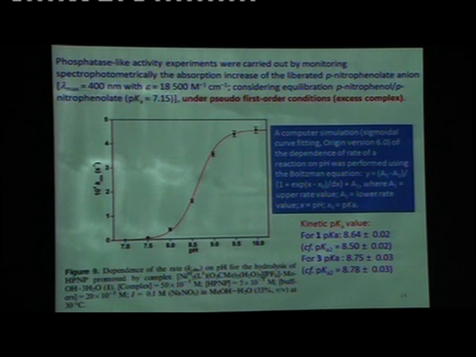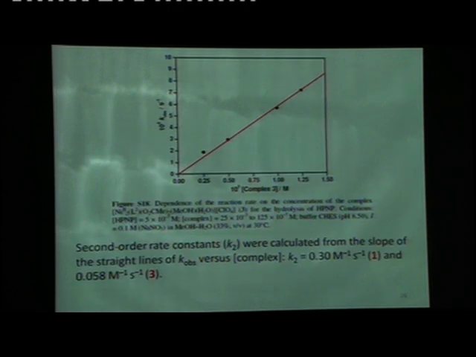That is the way you double check your determined pKa value, the experimentally determined and the estimated pKa values, they go hand in hand. Then as a function of complex concentration you show it is a first order reaction, so you can see a nice straight line. All those things were determined, and for the other compound again.